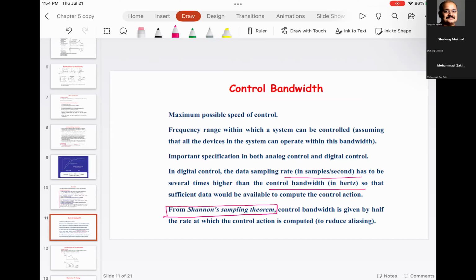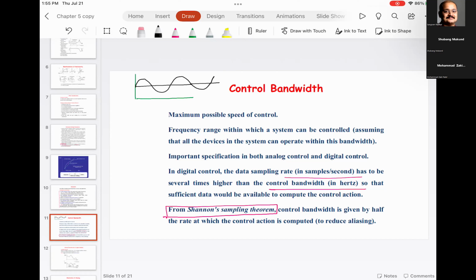I briefly talked about it in the last class, but I want to emphasize it because it is sometimes not discussed very clearly. So please try to understand: I will start with the example that I discussed in the last class. Imagine that you have a signal that is varying something like this.